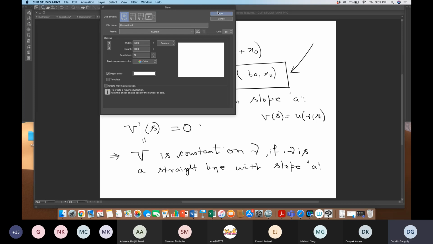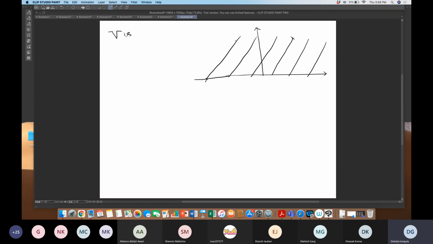Okay, so what is it now? Draw pictorially. So what we obtained? Let's say this is the slope A. Along this line, the V is constant, along this type of lines.